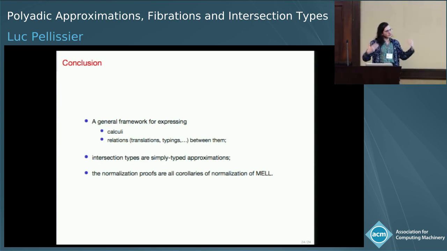And also we see that all the normalization proofs of the systems we were interested in are indeed corollaries of the normalization of linear logic, which was not very obvious at the beginning, but which gets completely clear here. Thank you.